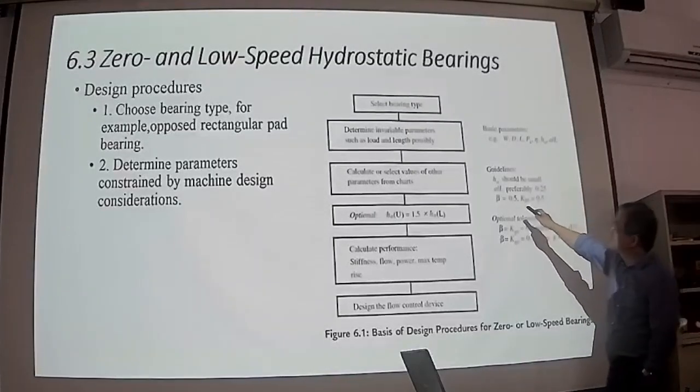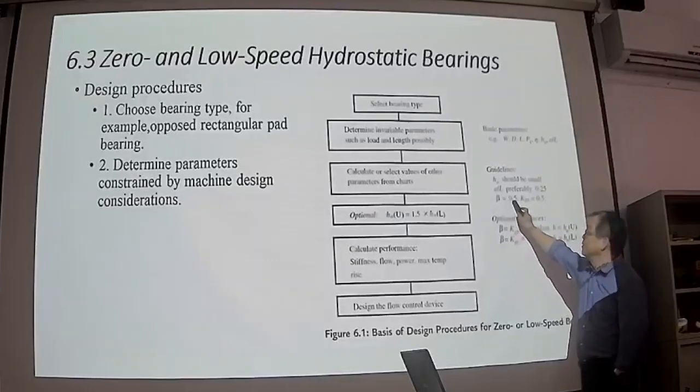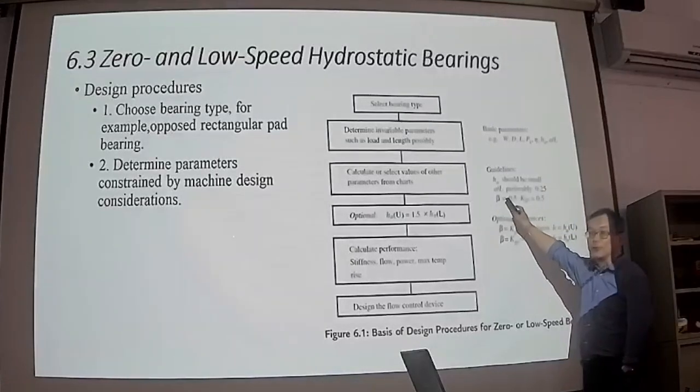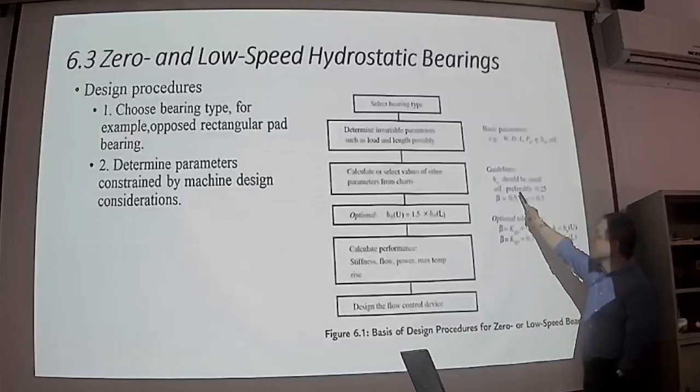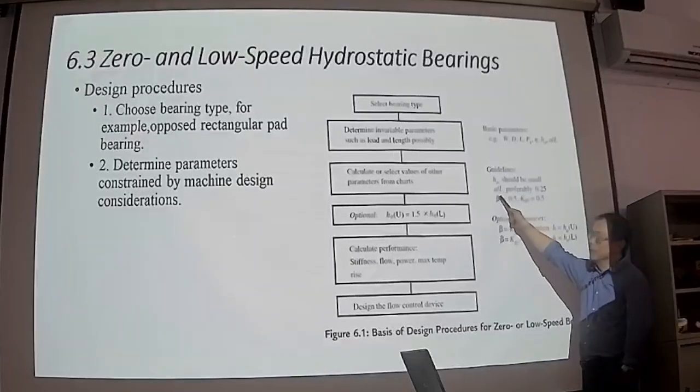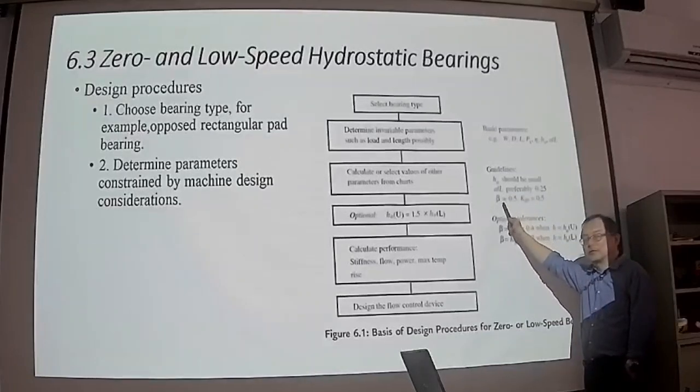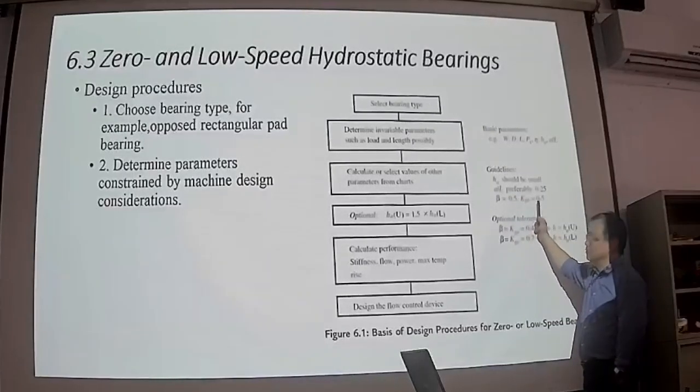And this is the pressure ratio. This is the regular one, we keep 0.5. Beta is for the hydrostatic bearing, and KTO is for the air bearing.